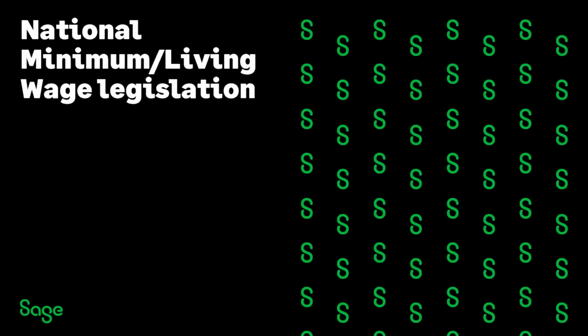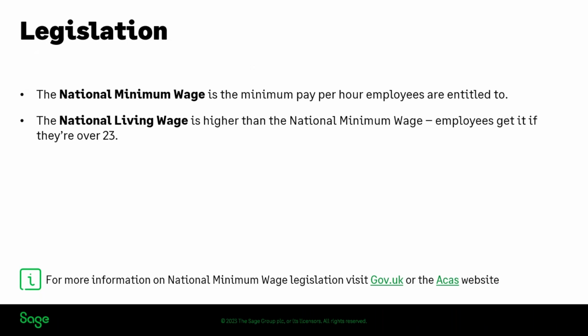So moving straight on to national minimum or living wage legislation, and let's first explain the difference between those two terms. So the national minimum wage is the minimum pay per hour that employees are entitled to receive, whereas the national living wage is a slightly higher minimum wage, which is for employees who are aged 23 or over.